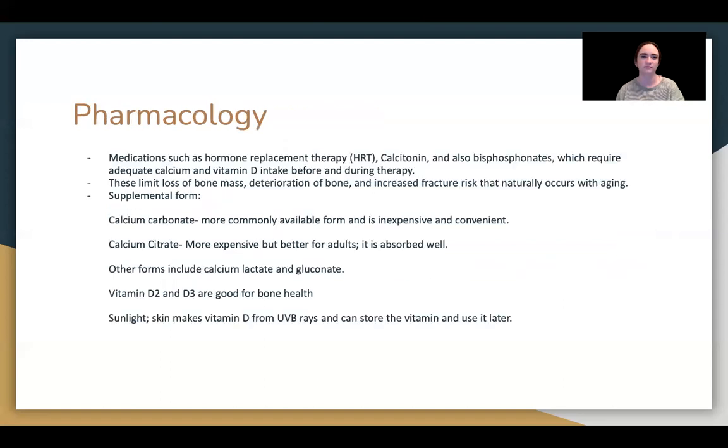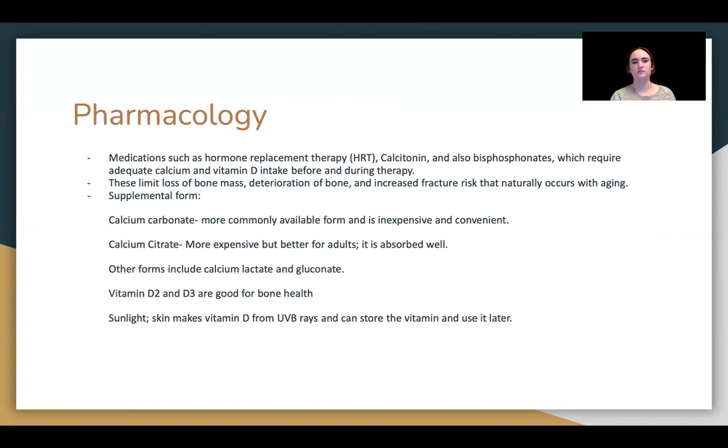So some pharmacology. As I was looking into the pharmacology aspect in osteoporosis, nothing really would affect physical therapy treatment, I should say. Medications such as hormone replacement therapy, calcitonin, and also bisphosphonates, which require adequate calcium and vitamin D intake before and during therapy, which I thought was kind of interesting.